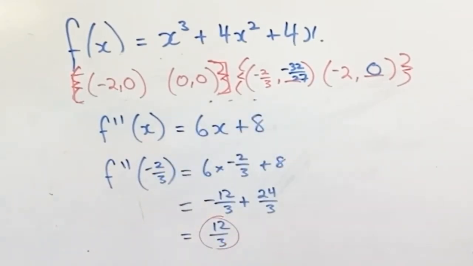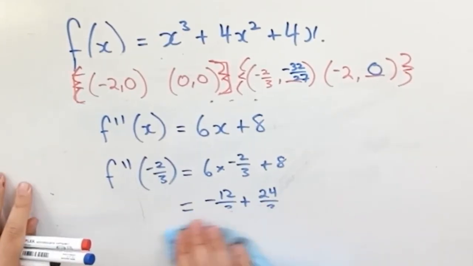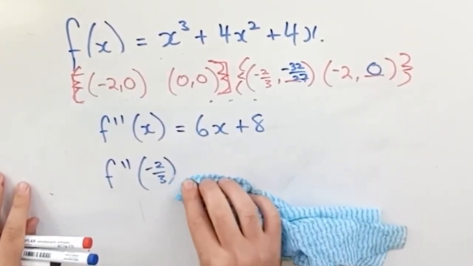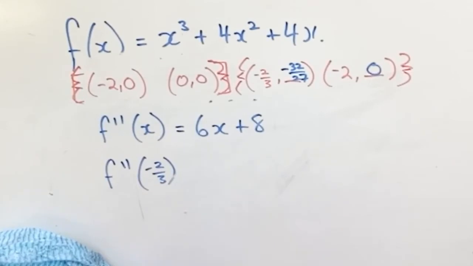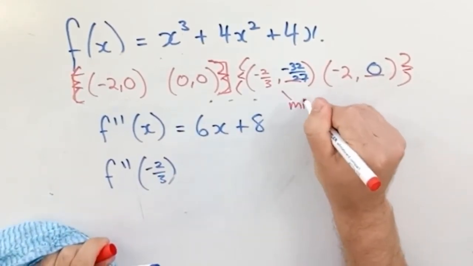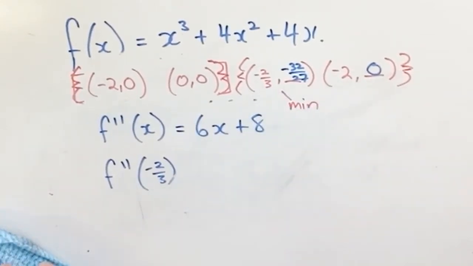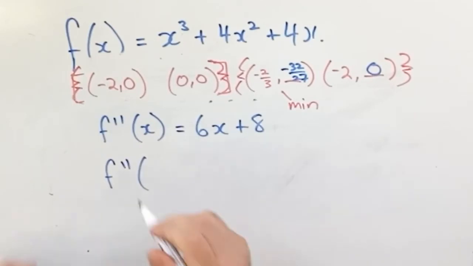Let's see what I get at negative 2. So, let's write it in. We'll just write min. That's how I'll remember. Okay. And negative 2. Stick that in.